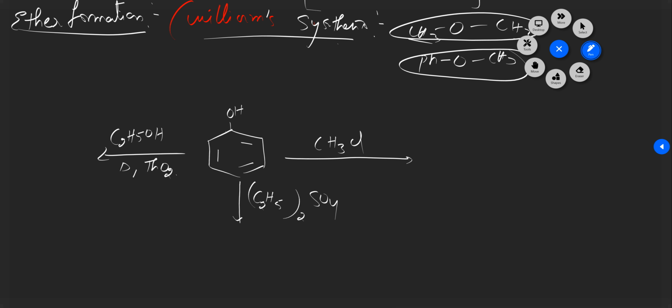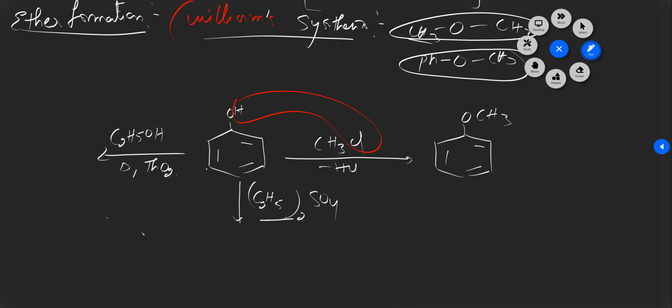So from here, there is loss of HCl. It forms OCH3. From here, again H. For this one, 2 moles are there. We can take 2 moles of phenol. Two hydrogens are coming out.